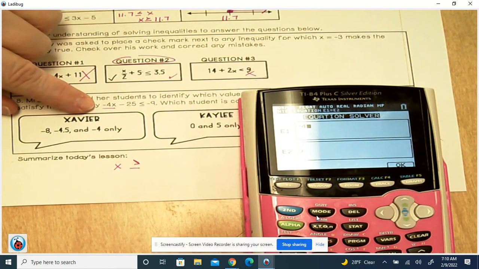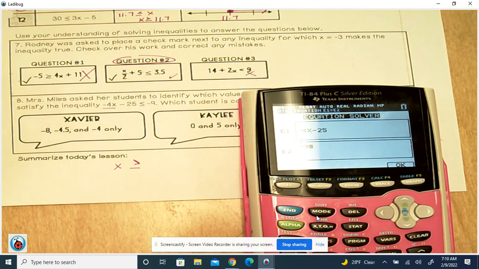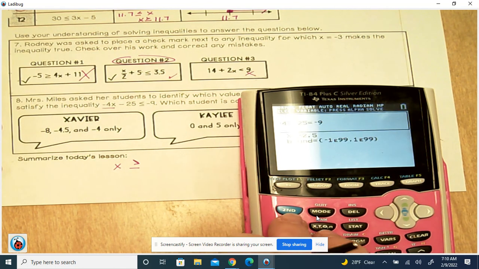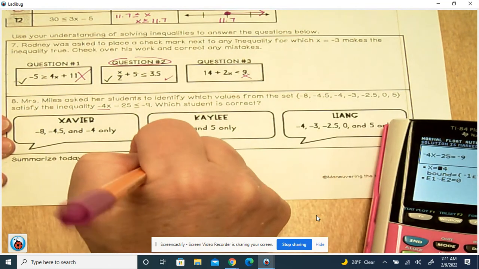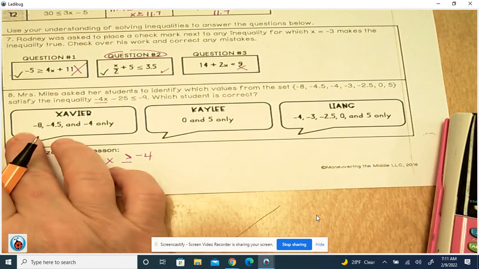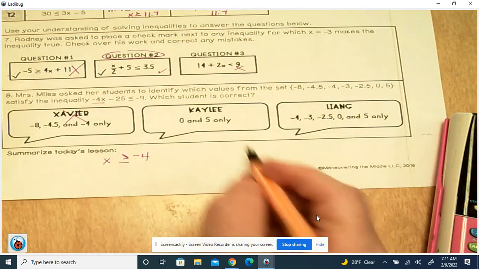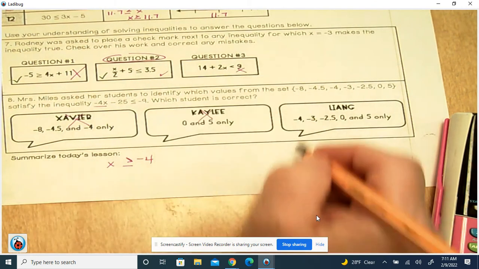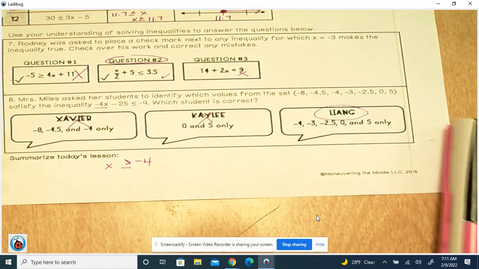We've got a negative 4x minus 25. And then come down here, we've got negative 9. Alpha, enter, alpha, y equals is a negative 4. So we need all the values greater than or equal to negative 4. Negative 8 is not greater, so it's not Xavier. That's not true. So Lang, negative 5, negative 3, anything up, it's going to be that one.